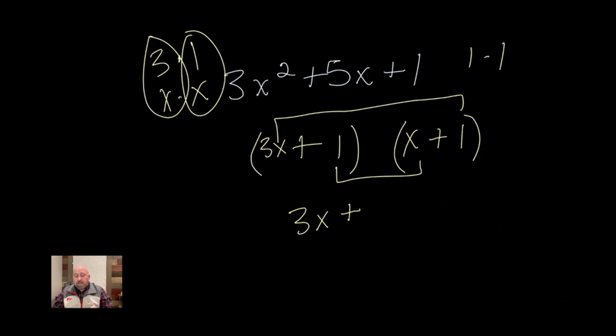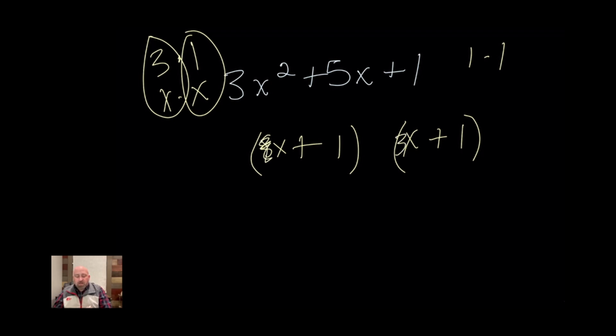So what would we do at that point? Well, we would switch some things, but here's the problem. When we switch this, and let's make this an x and this the 3x, well, it didn't change anything because now we still have 3x plus 1 and x plus 1. And before, what did we have? We had 3x plus 1 and x plus 1. We didn't change anything.